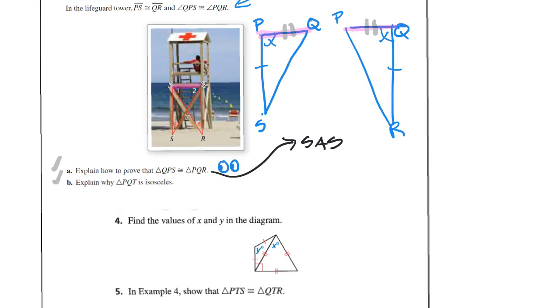Now, once I know that those triangles are congruent, I know that the other corresponding parts are also congruent. So now I know that this angle and this angle are congruent because of CPCTC. Corresponding parts of congruent triangles are congruent.